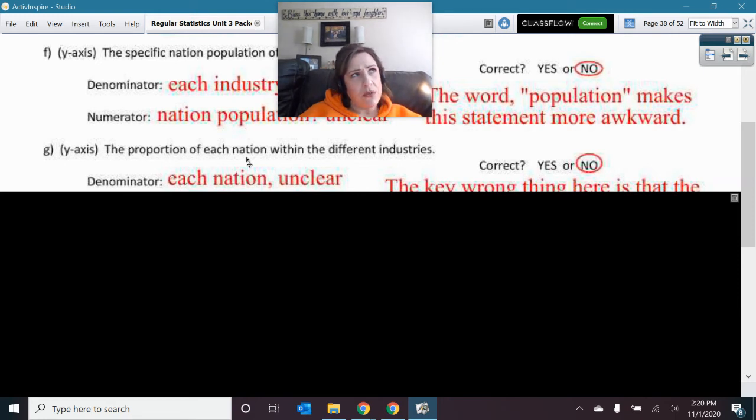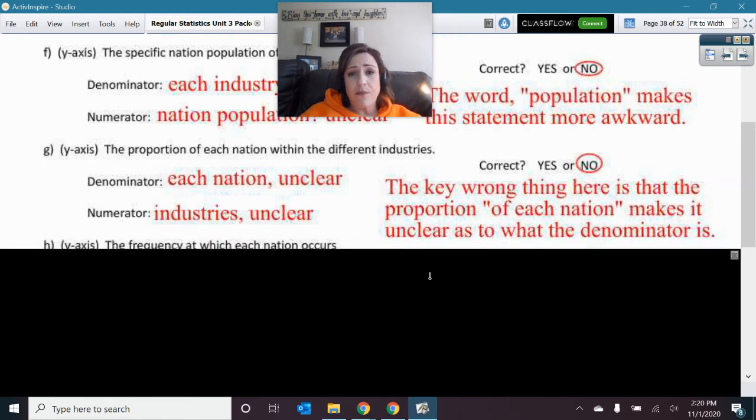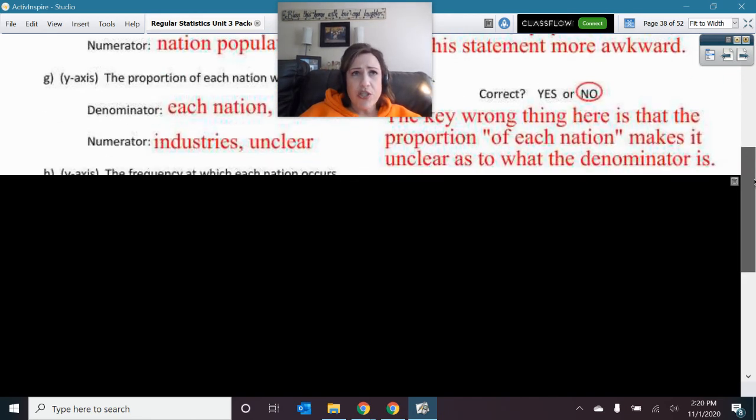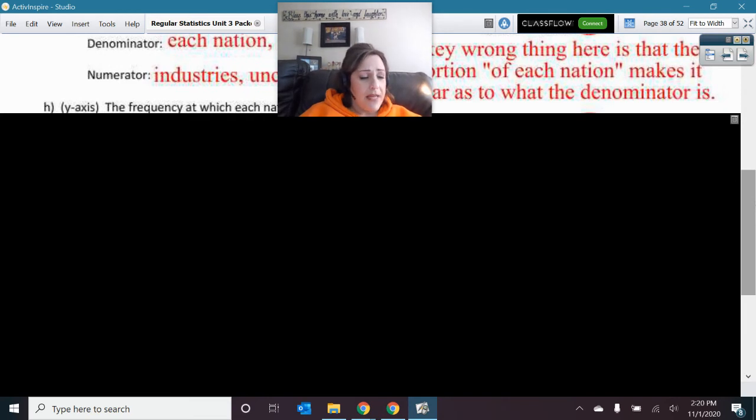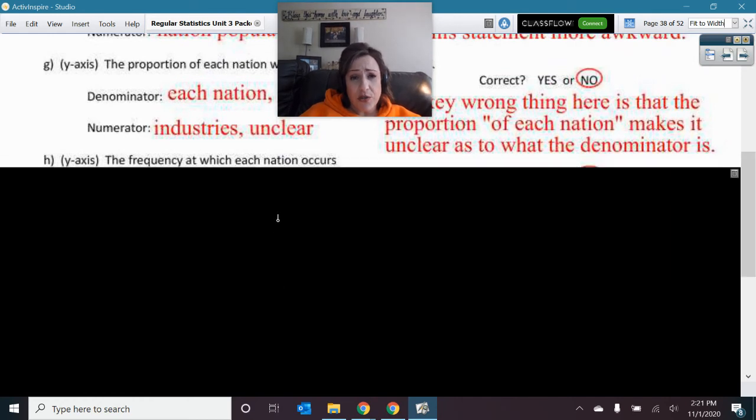So it's almost like a double denominator, the proportion of each nation within the industry. I don't know. It's unclear. I can't tell. But for sure, whenever they said the proportion of each nation, that's like the proportion of Japan that makes these things, the proportion of the French that make these things. So that makes the denominator the nation, not the industry.